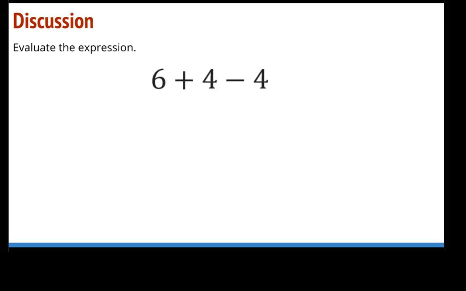And if we were to show our work, 6 plus 4 is our 10, and we subtract 4, and we are left with our 6. So how many squares did you start with? Hopefully you had 6.